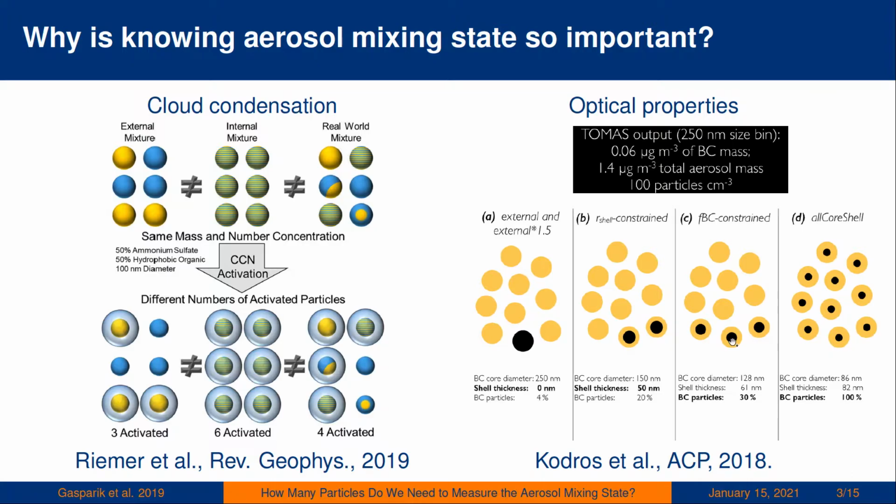Not to get into the details of this, but as we can see here, there are many different ways to think about how the black carbon may be distributed amongst those particles. It's going to have an impact on the number of particles that contain black carbon, so the number of particles that absorb. It's also going to change how different particles absorb. So it changes the absorption of the entire particle population.